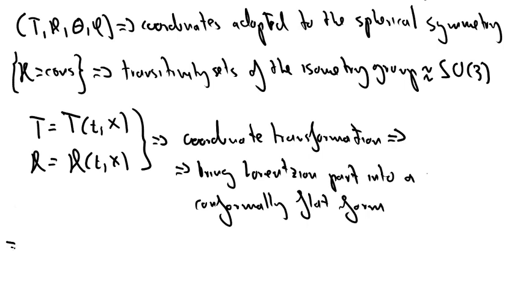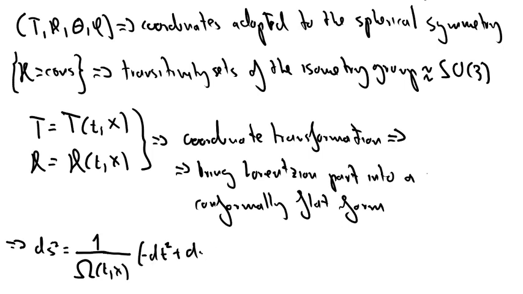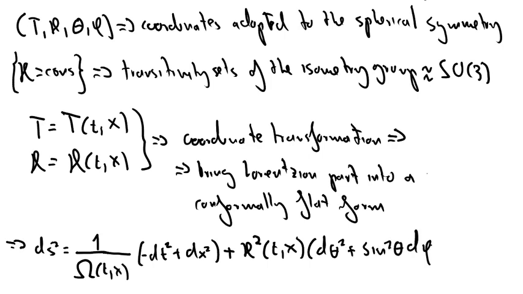Therefore, the metric takes the following form. Now R is a function of the new coordinates, and we have the spherically symmetric part, which we didn't change.